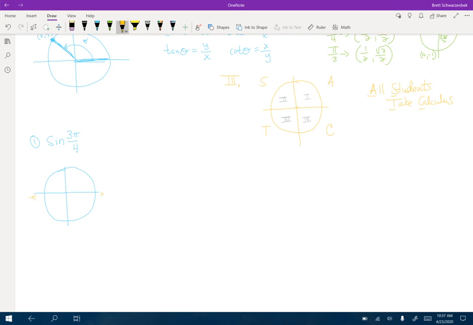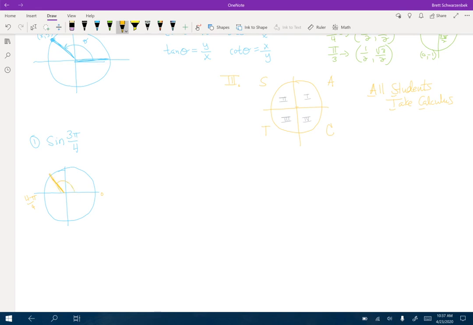If we wanted a common denominator of 4, then what is pi equal to? That would be 4 pi over 4, which would be over here. Obviously 4 over 4 is 1, which is pi. So that means we would have to go back a pi over 4 into this quadrant to get to 3 pi over 4.